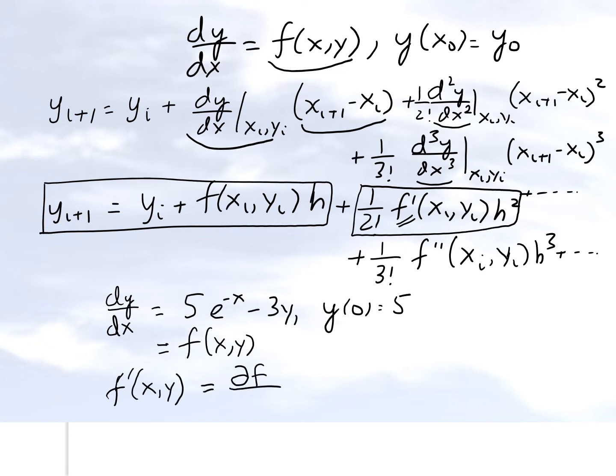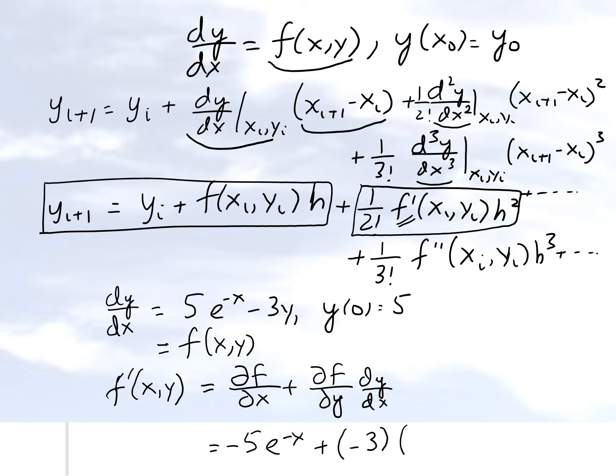That will be del f by del x plus del f by del y times dy by dx. And del f by del x in this case is minus 5 e to the power minus x, and del f by del y is minus 3, and dy by dx is already here, so it'll be 5 e to the power minus x minus 3y. So you can very well see that this can create an issue in a numerical method, where in order to be able to apply it, you have to find something symbolically.